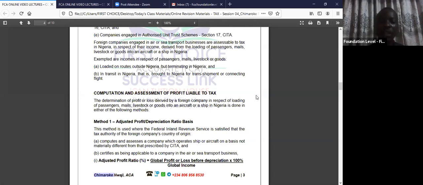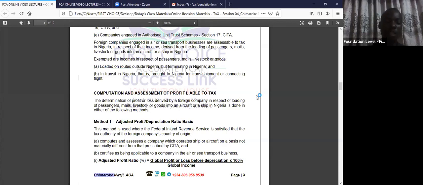It is that gross net profit that we adjust to get the global adjusted profit. Okay, now we look for the adjusted profit ratio.